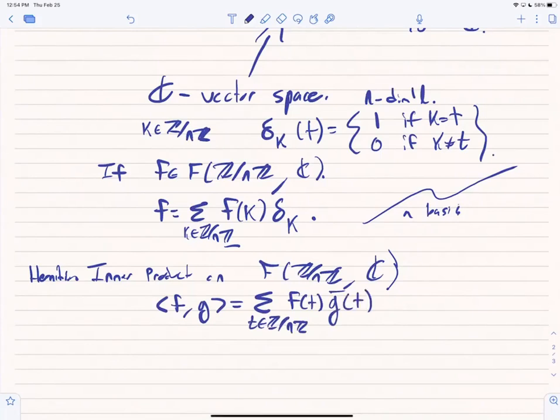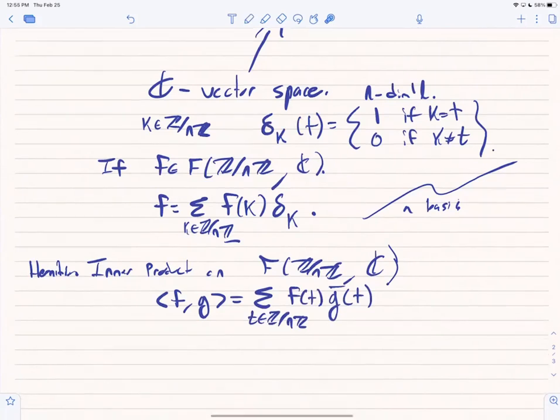I mean, you can multiply this by any scalar, and depending on what you're doing, it may be useful to multiply this by a scalar. But for example, if we didn't multiply this by a scalar at all, then these delta functions will form an orthonormal basis, and they are easily seen to be orthogonal.